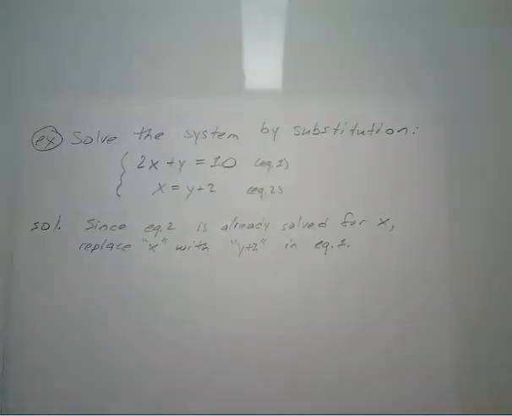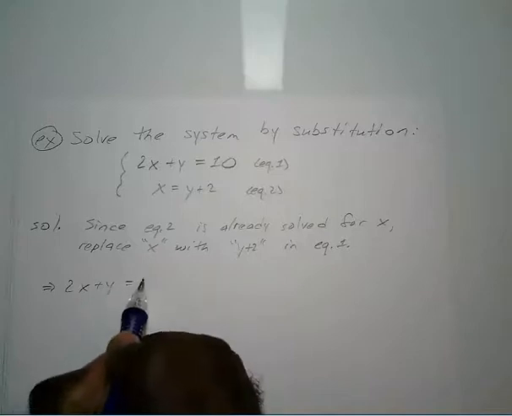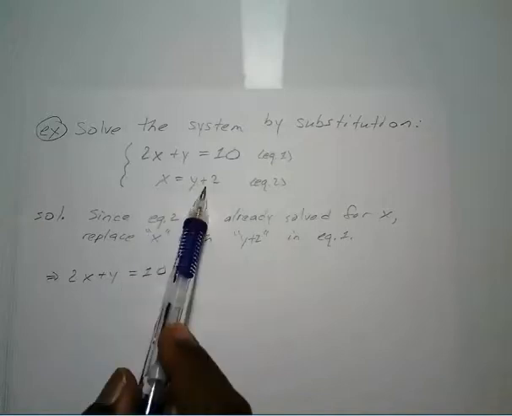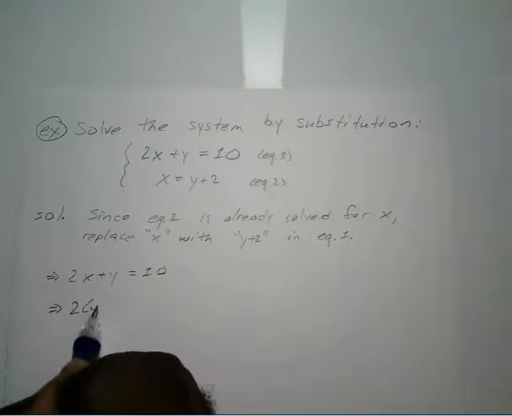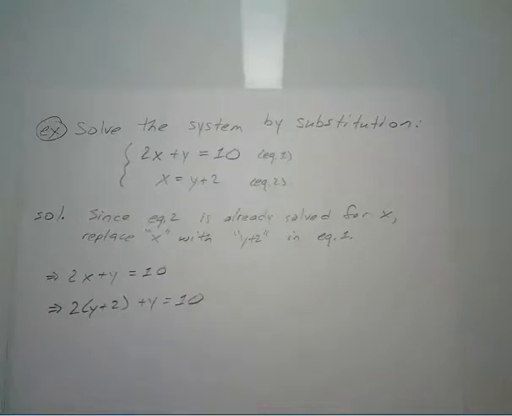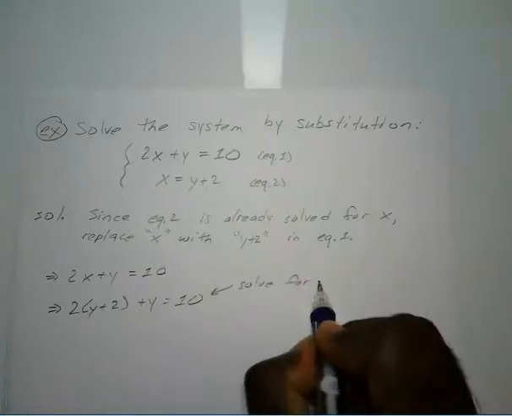So all you have to do is take your 2x plus y equals 10, which is equation 1, and since we know that x is equal to y plus 2, we just replace it. So instead of 2x, we have 2 times y plus 2, plus y equals 10. Instead of having two different variables in the same equation, we now only have one variable, y. So now we just solve for y.